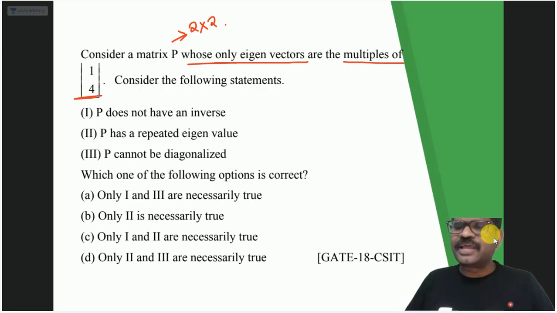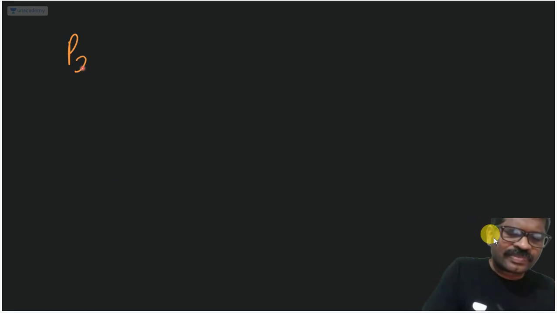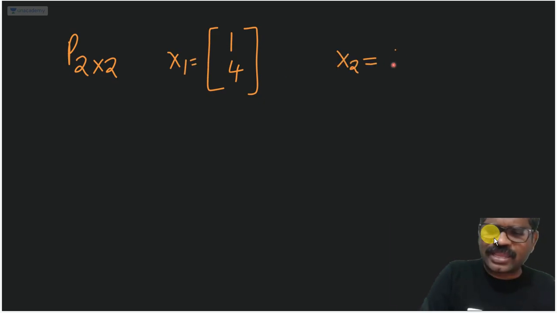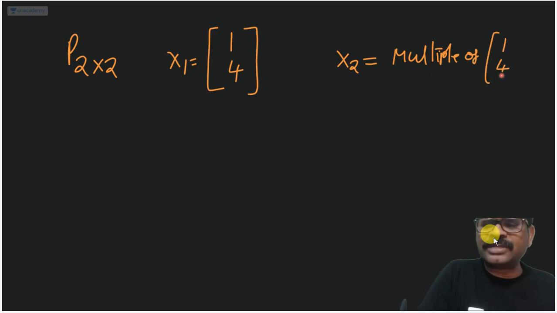Okay, concentrate. The matrix is 2 cross 2. One eigenvector is 1, 4. The other eigenvector is a multiple of 1, 4.